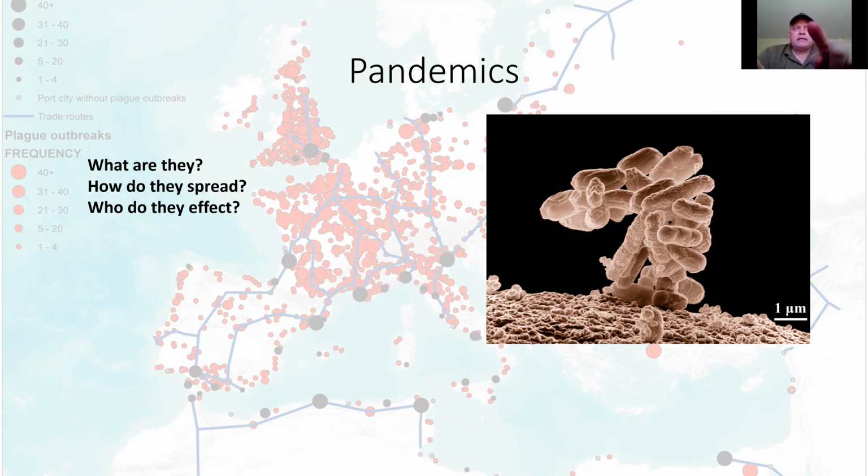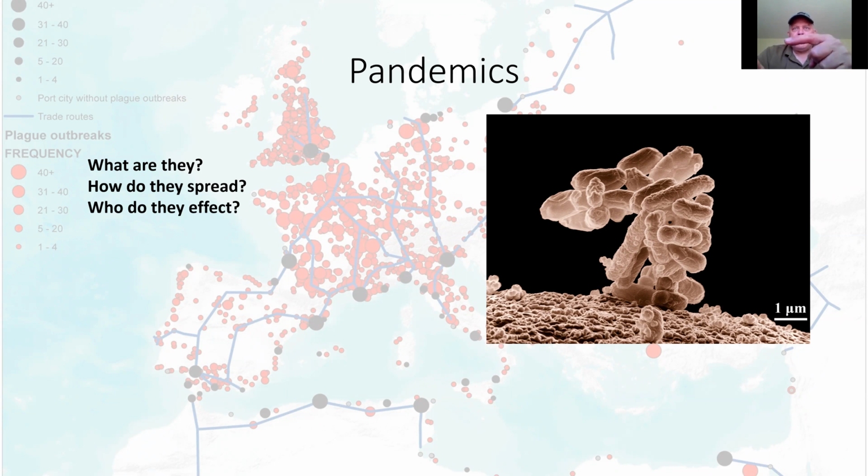You can see that the background of the slide here is a population graph of Europe for a pandemic that happened about 700 years ago, called the Black Death or the Plague, bubonic plague specifically.